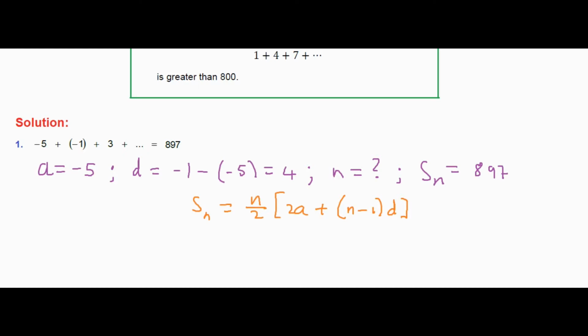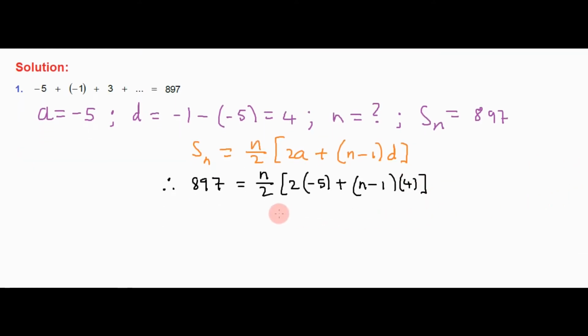And substituting in values, S sub n is 897, n is what we need to find, a, of course, is -5, and d is 4.